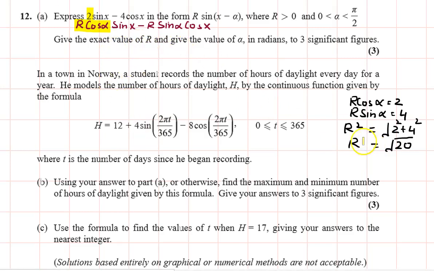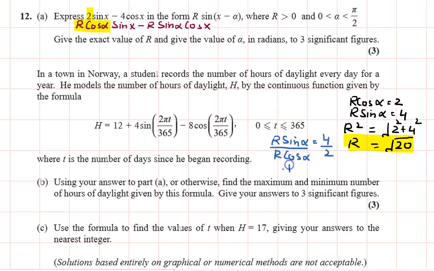Find the exact value of r. So the exact value of r is root 20. Find the value of tan alpha. R sin alpha is equal to 4 divided by r cos alpha, which is 2.